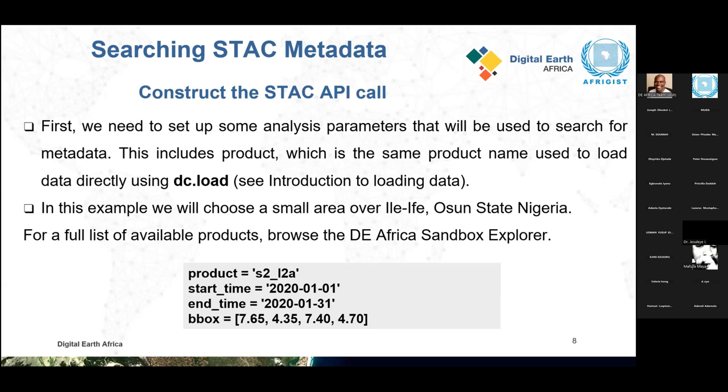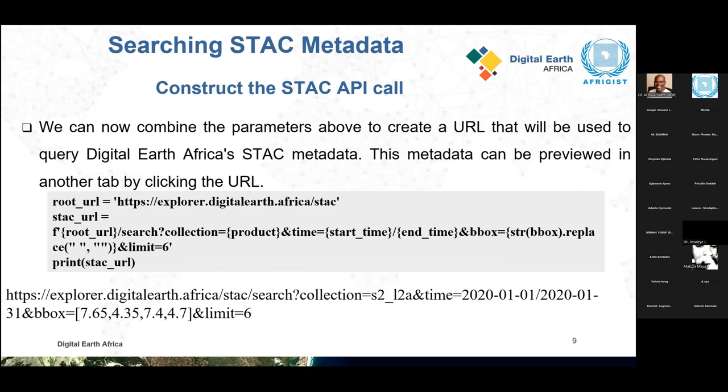These are the coordinates for the coverage of the area of interest. We can now combine the parameters above to create a URL that will be used to query Digital Earth Africa's STAC metadata. The metadata can be previewed in another tab by clicking the URL.